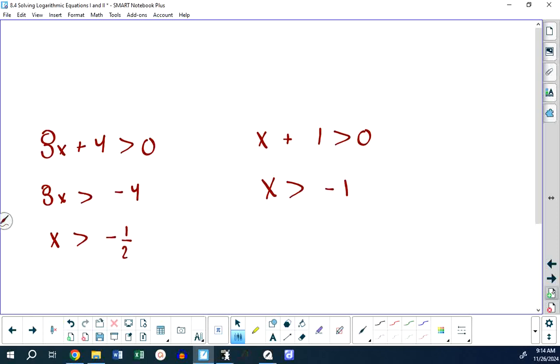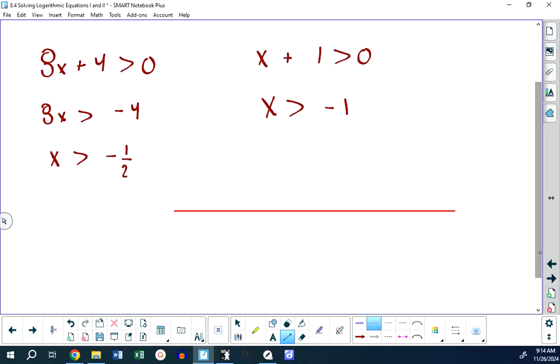One of these domains is already covered by the other domain. Okay? And it may not be obvious, so I really believe a number line is helpful here. Here's negative 1/2, here's negative 1. Whoop. Here's negative 1, here's negative 1/2. Right? We need a domain that covers both of them.